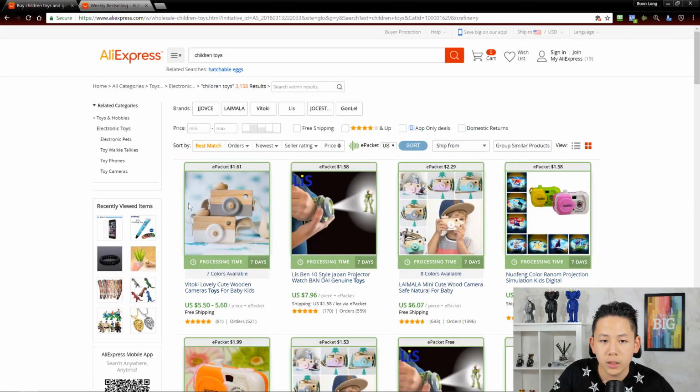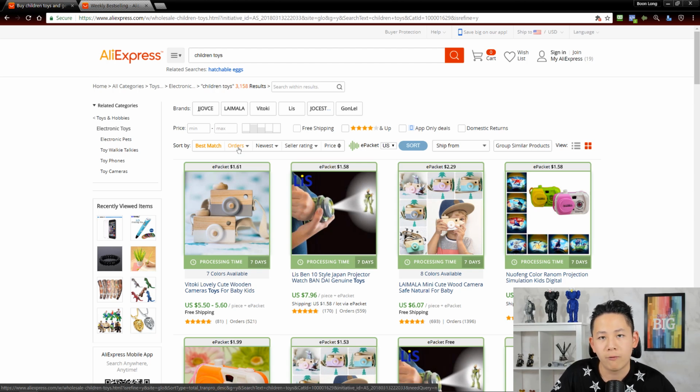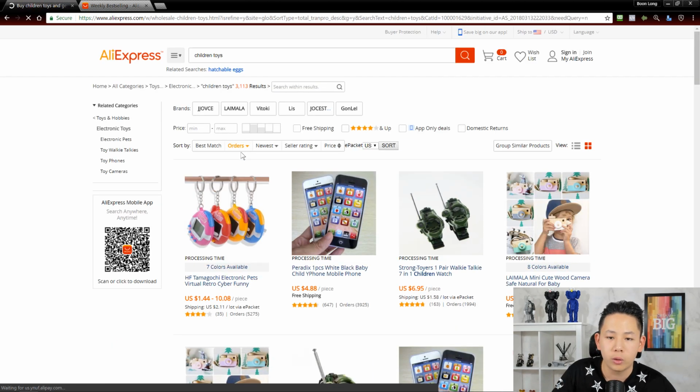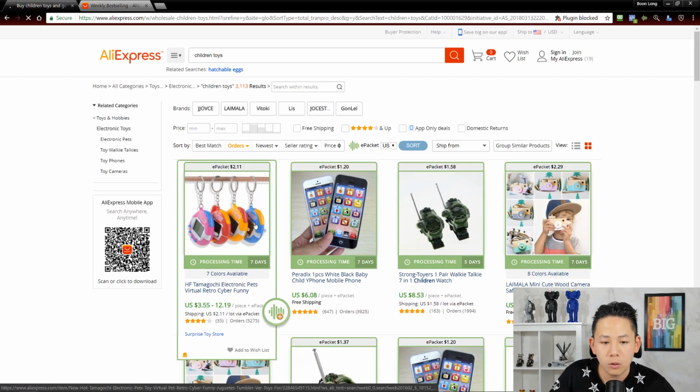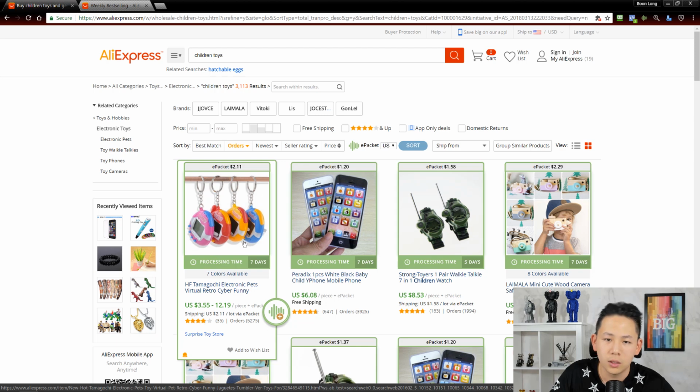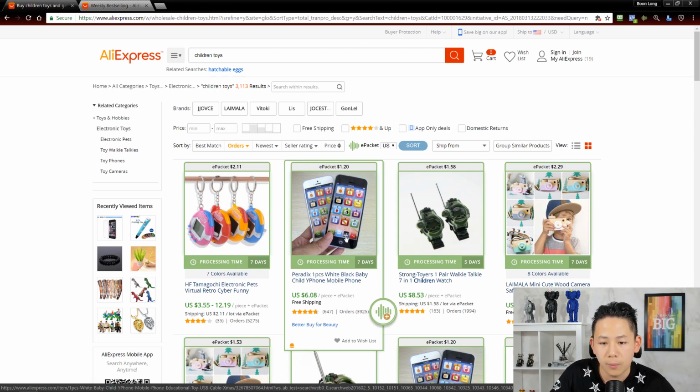Another way you can sort those things out is sorting by number of orders. By clicking on this, it shows you which specific product has the most orders. So alright, as you can see here, this is the retro Tamagotchi toys. This one is a black and white baby iPhone that is an educational toy.